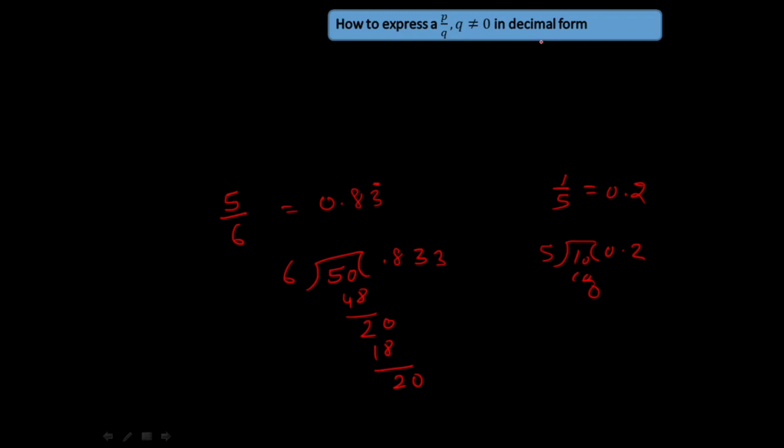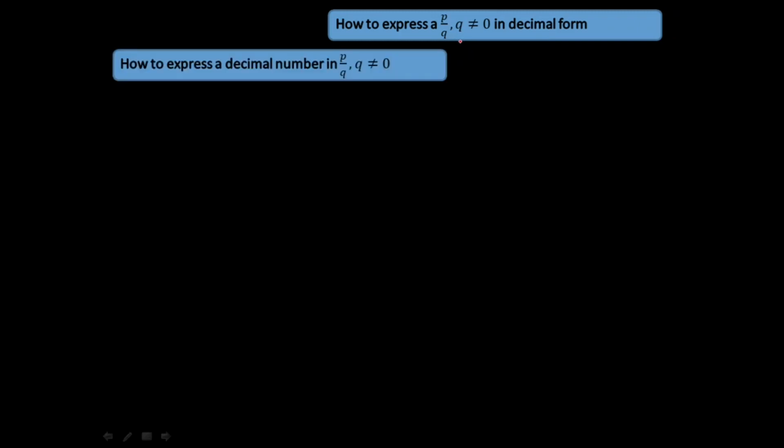But what is the converse? How to convert a decimal form in P over Q form? That is a very important thing. Let's take what is that. I'm telling you the next concept, that is how to express a decimal form in P over Q form. This concept is totally contrary to this concept.